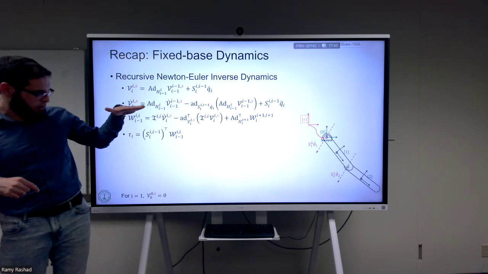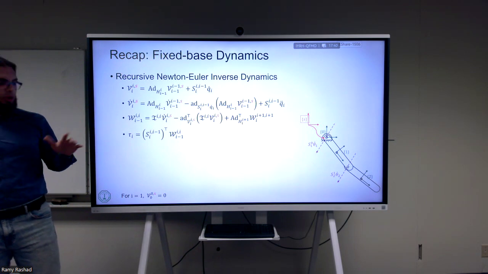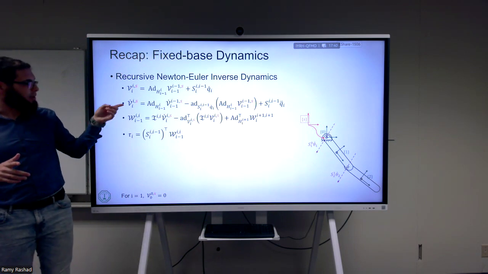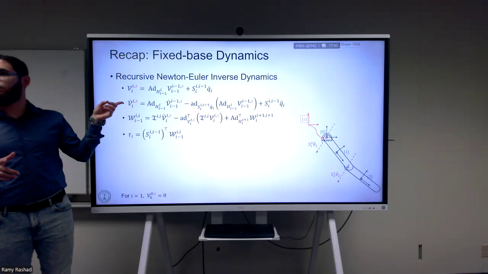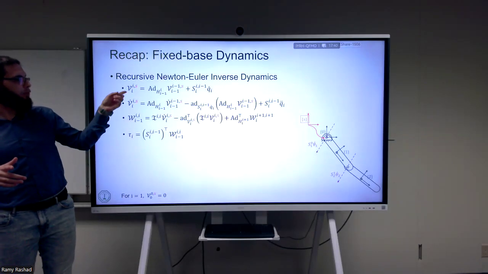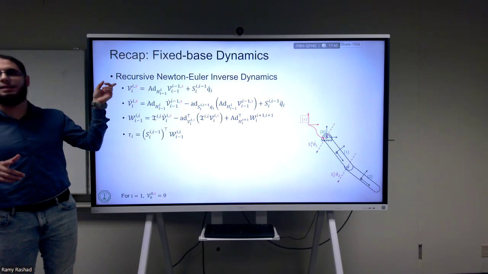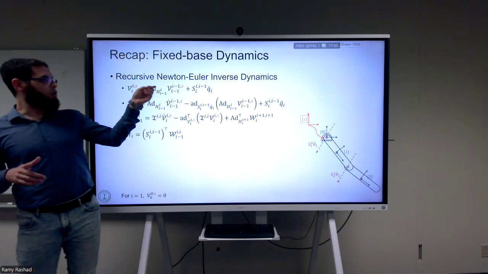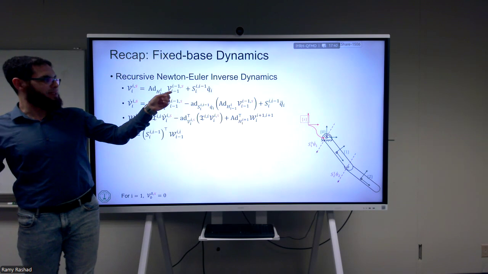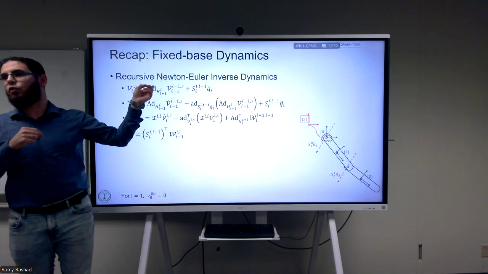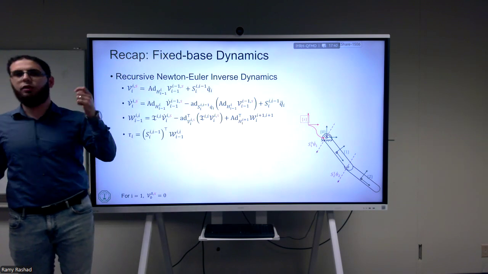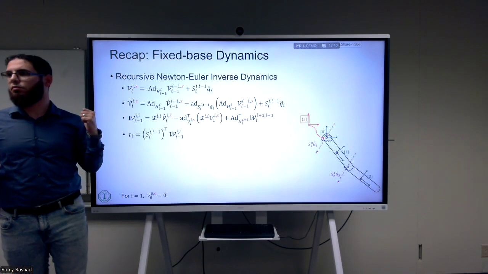Just as a remark, for the I equal 1 link, when we calculate its twist, V of 1 with respect to S expressed in 1 is equal to the adjoint of V of 0 with respect to S expressed in 0. What is the twist of 0 with respect to S expressed in 0?